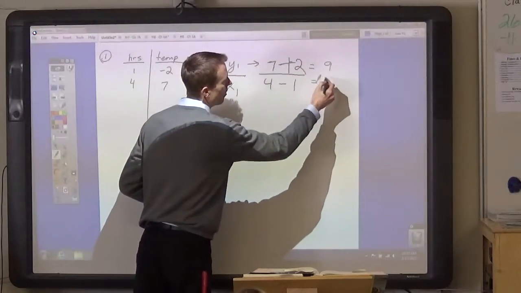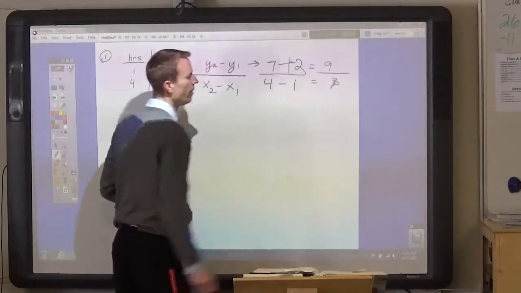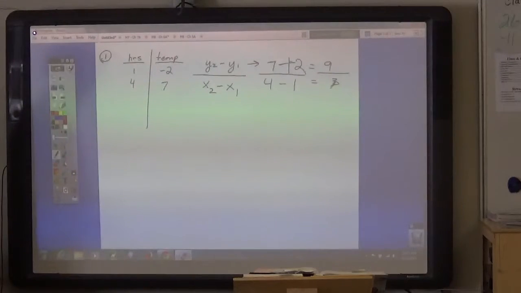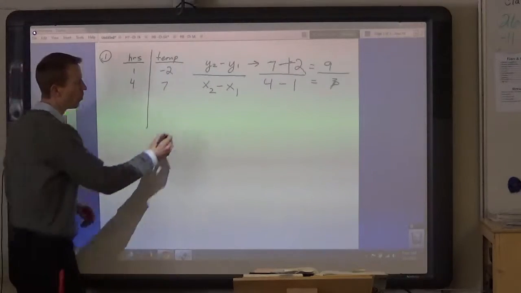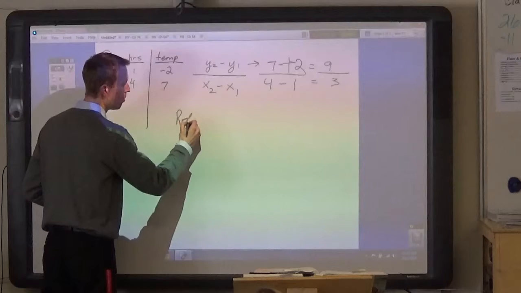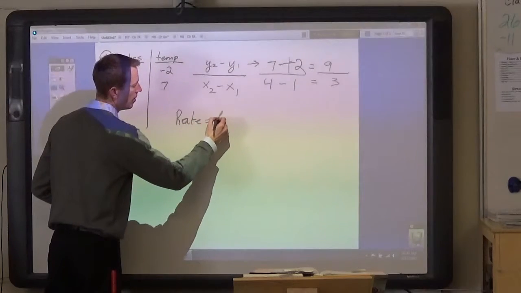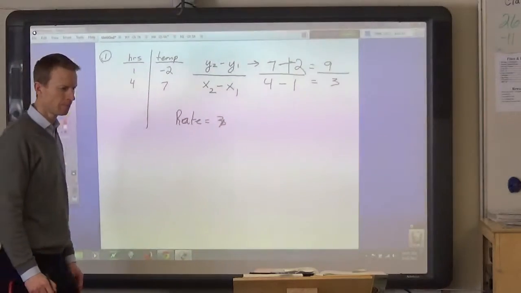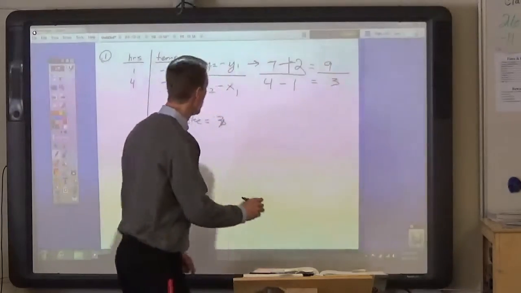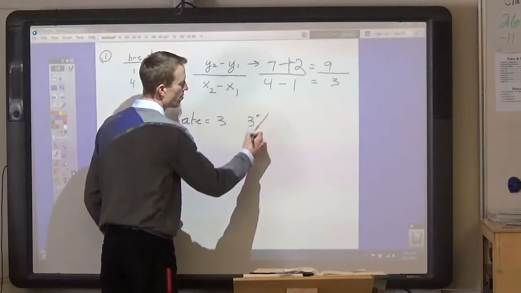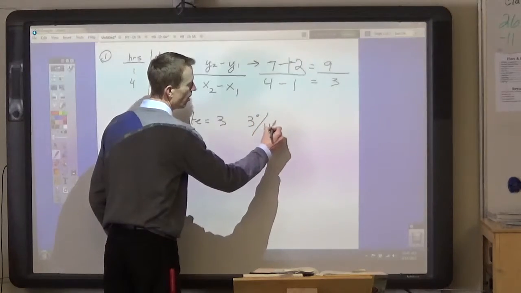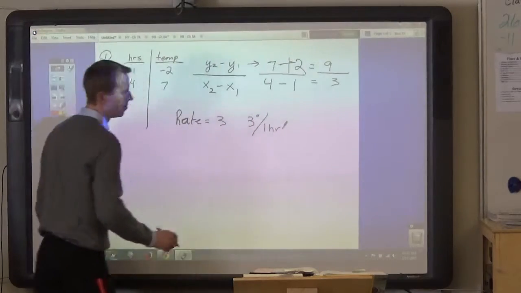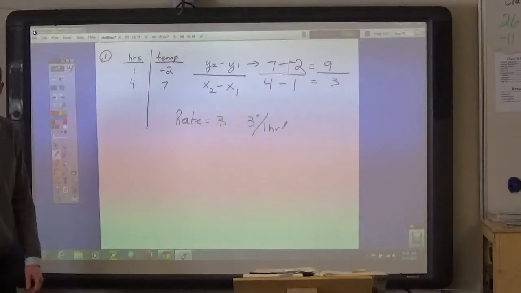So that is 3 over 1. So the rate of change, or the slope, is positive 3. Or it changes 3 degrees per 1 hour. Okay?